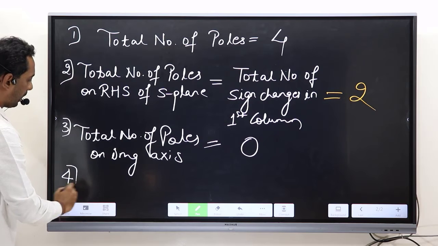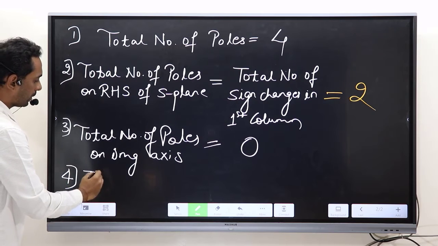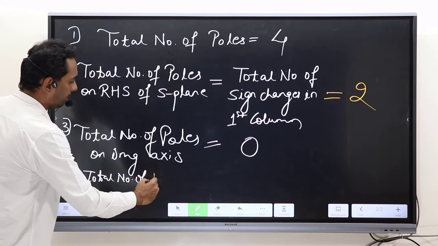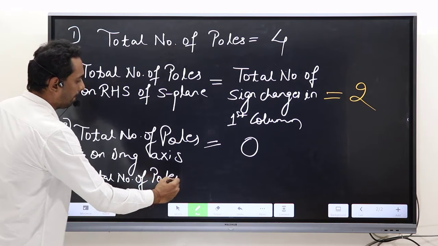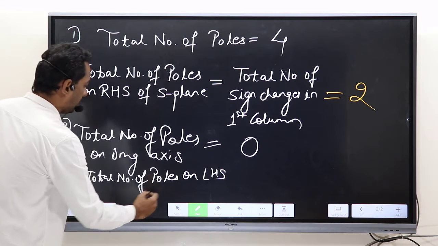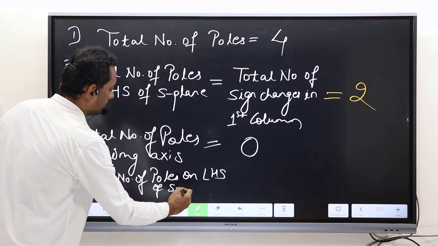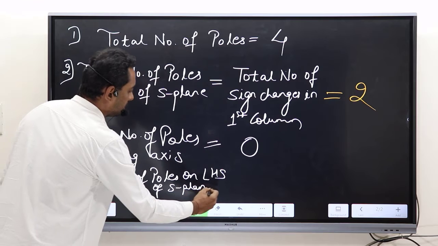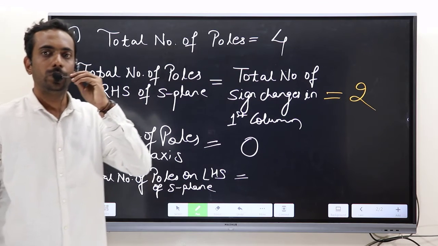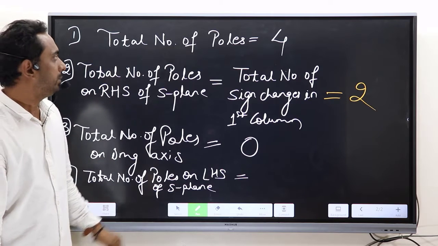Write down fourth. Total number of poles on left hand side of S plane.